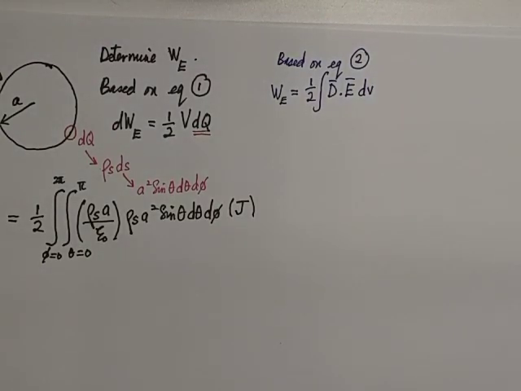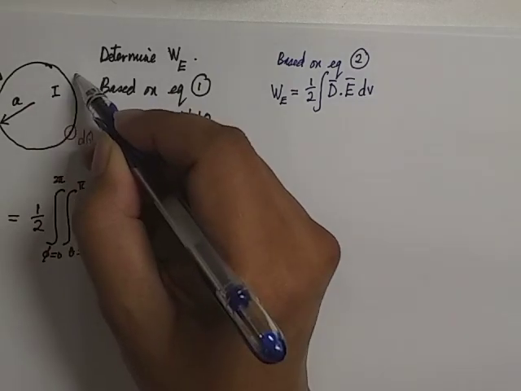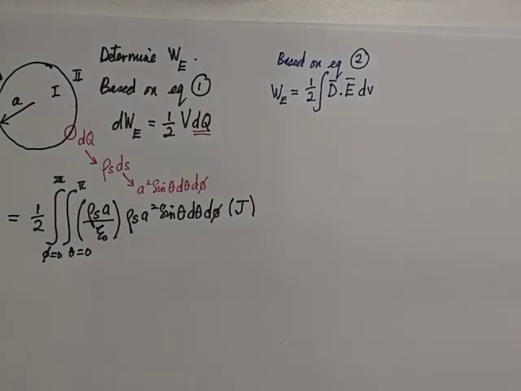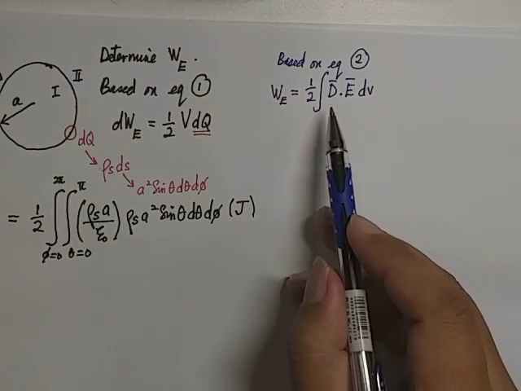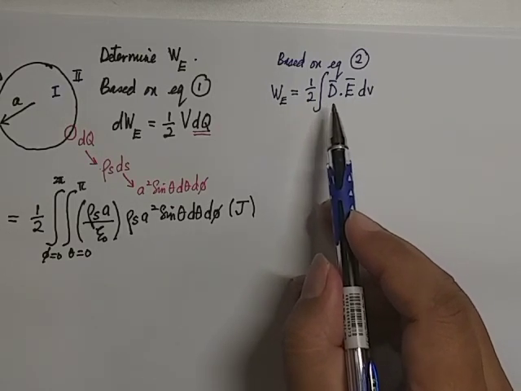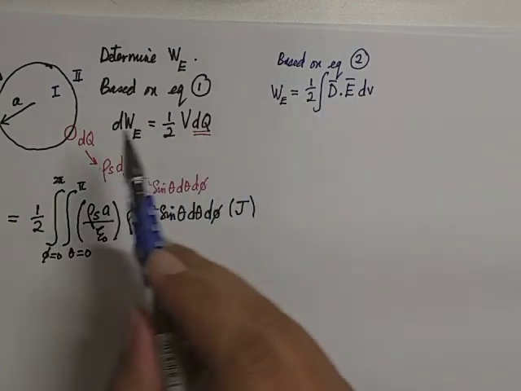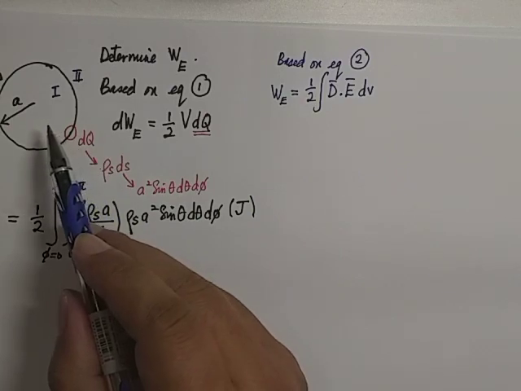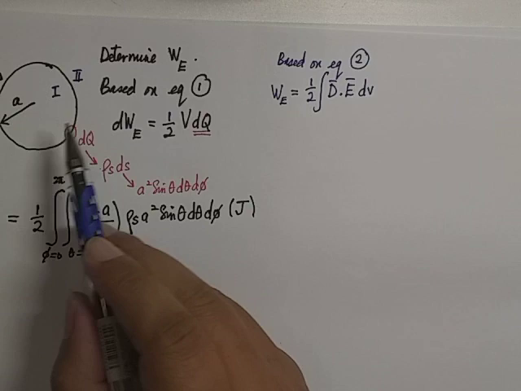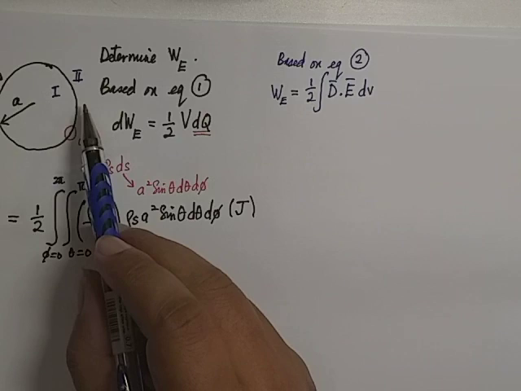And from our previous solution, we know that using Gauss' law, there are going to be two different values of D and E, correct? So this equation relates the electric field and also the electric flux density. And from our previous solution, we know that this structure has two distinct electric field solutions. One refers to region number 1, another refers to region number 2.